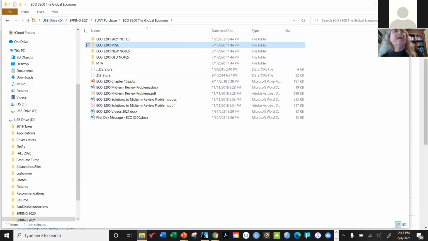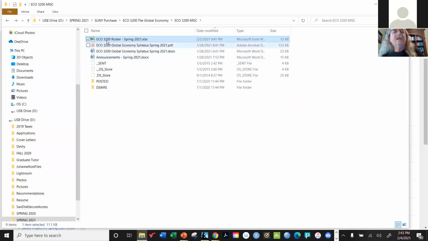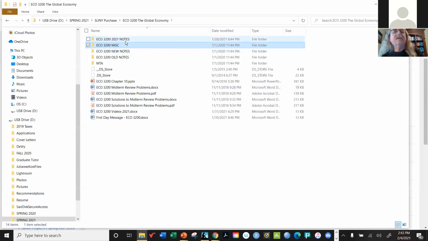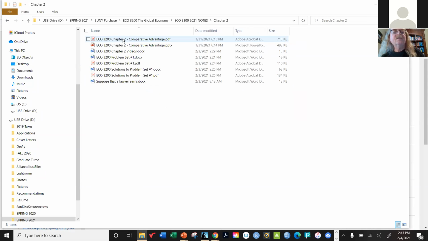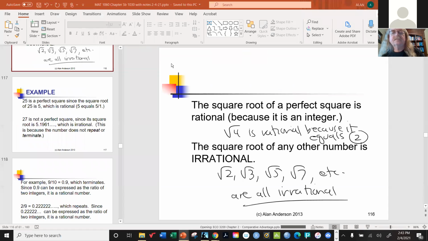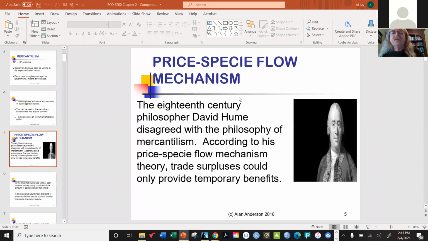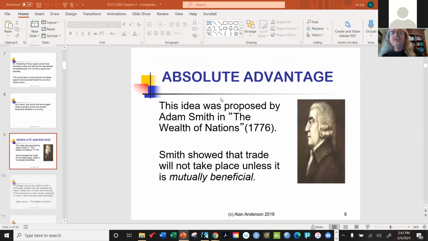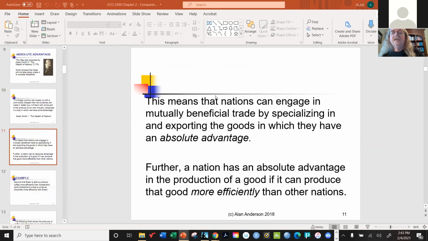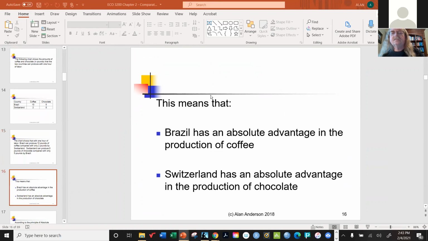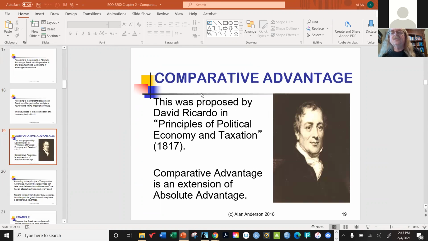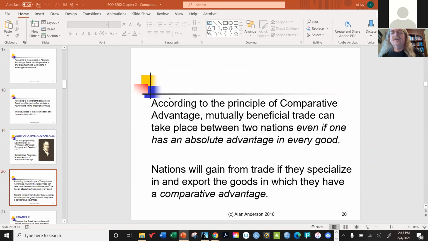Why don't we quickly go back and refresh our memories from yesterday about what we were doing with comparative advantage. We had that example with England and Portugal. What was going on with those two countries? Based on the writings of David Hume, we saw that in the early 1800s England was one of the top industrial powers in the world, and Portugal was more of an agricultural economy.